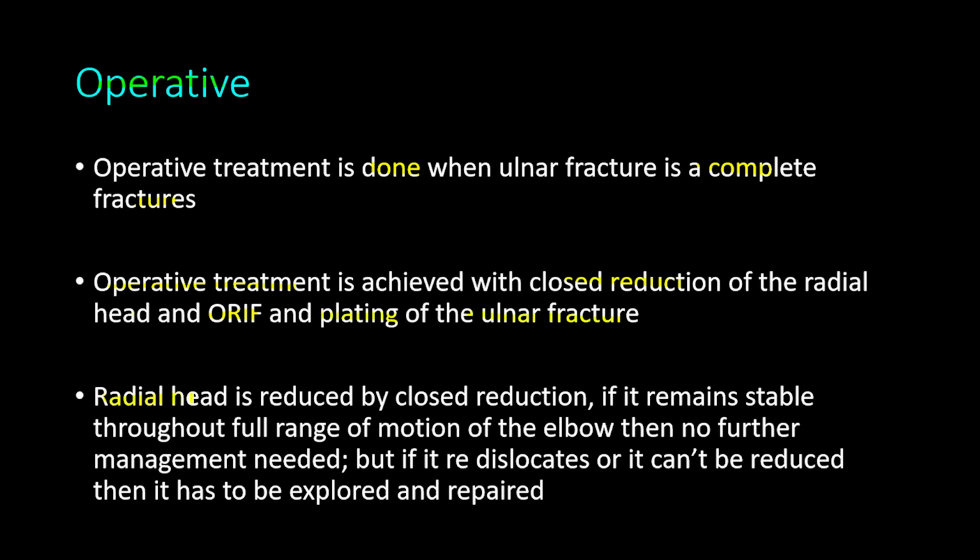So the radial head is reduced by closed reduction. If it remains stable throughout the full range of motion of the elbow, then no further management is needed. But if the radius redislocates or it can't be reduced, then it has to be explored and repaired.